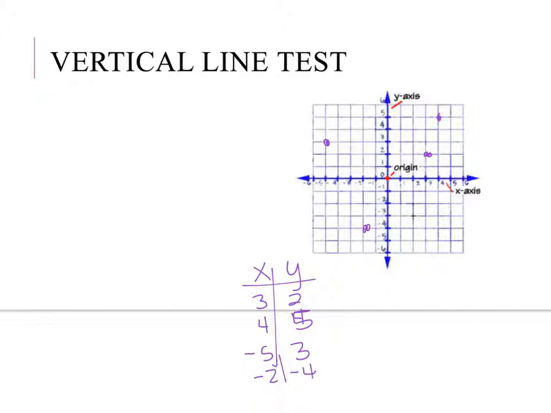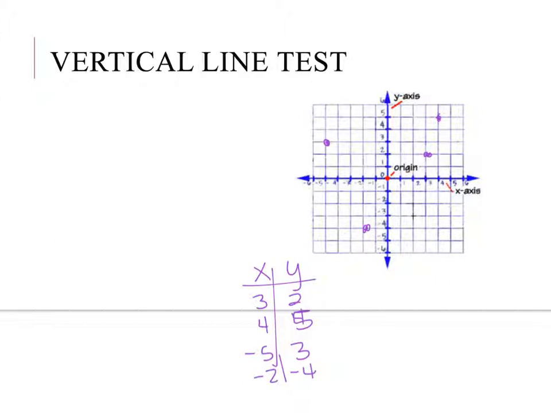Okay? So if you remember, you can use your vertical line test, and your vertical line test is, can you draw vertical lines anywhere, and they only pass through the graph once. So in this case, they only pass through these points once. And if it does, this represents a function.